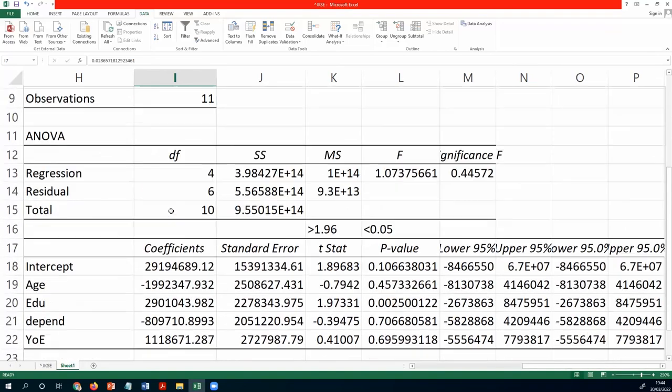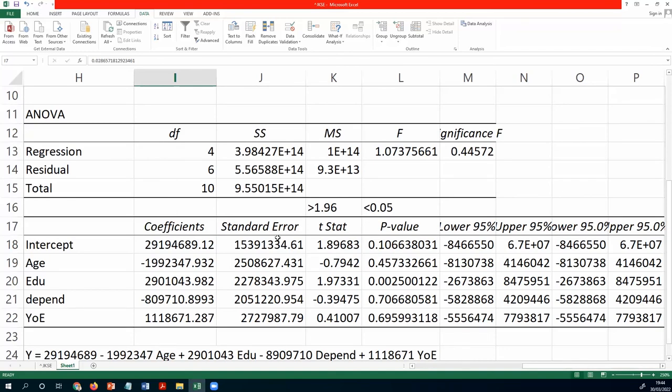So the next action is to drop all the non-significant variables and use only the significant ones. Let's say edu is significant and dependent is significant. So you develop a model, dropping the age and years of experience, and create a new model again with only the significant variables.